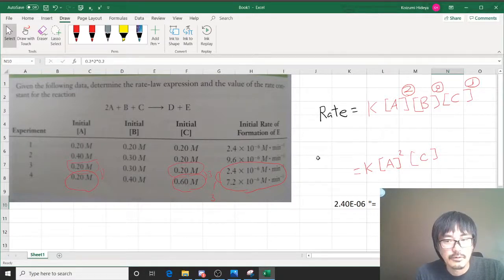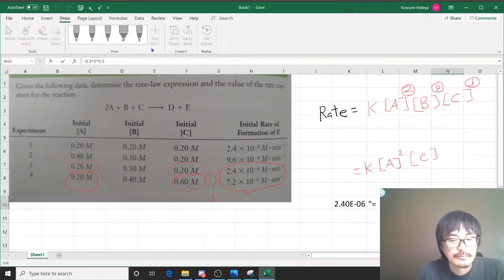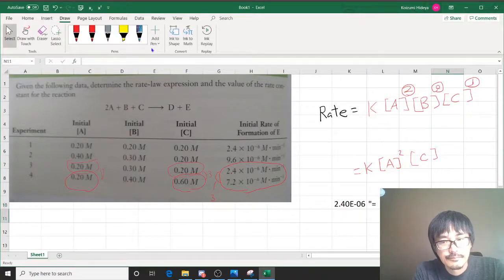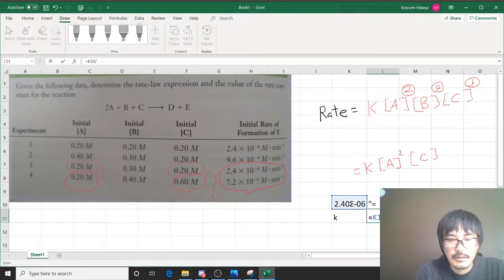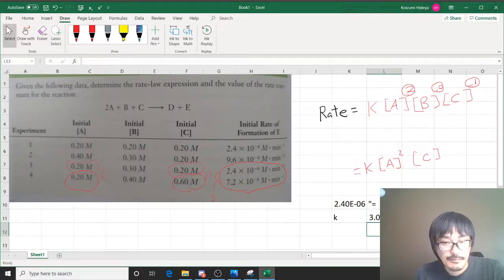So what is K here? K must be equal to this divided by that.